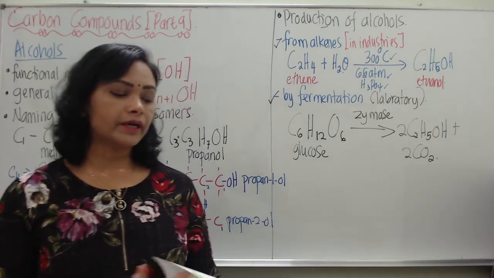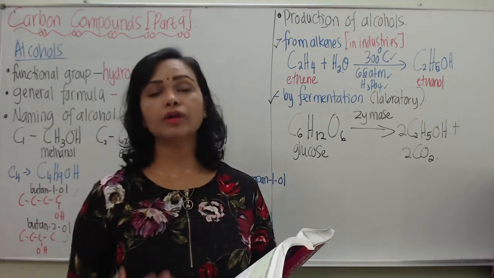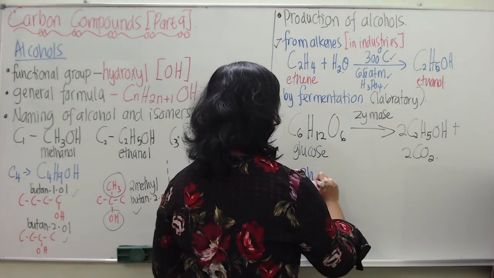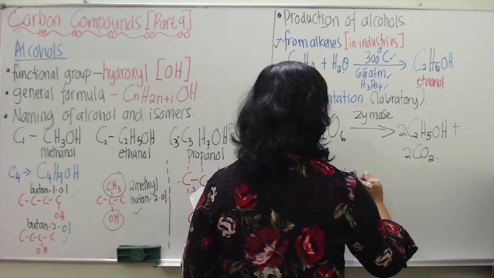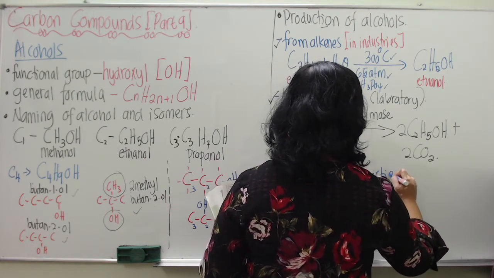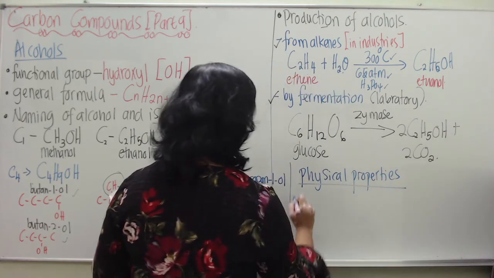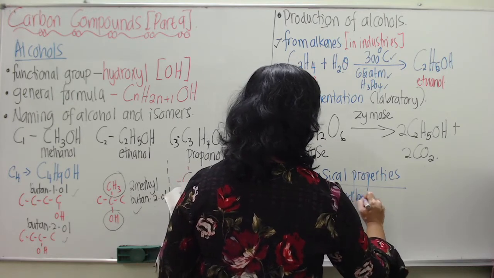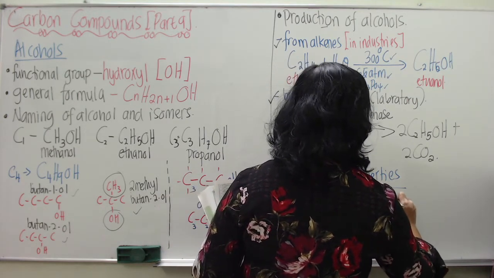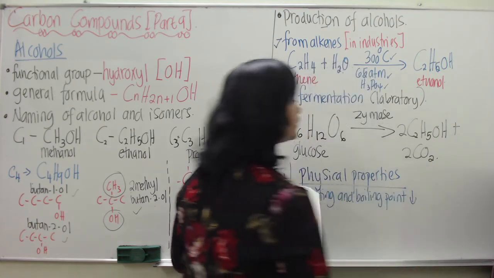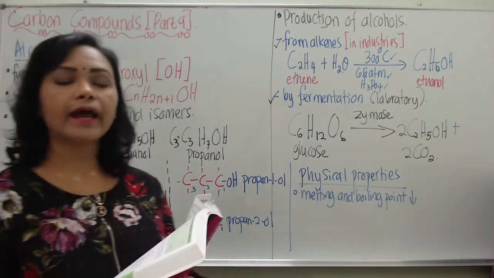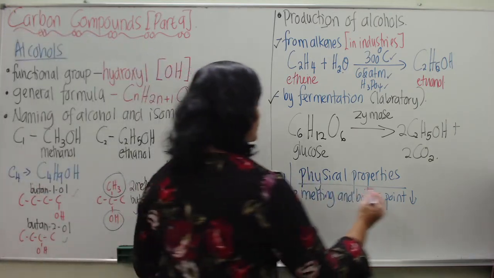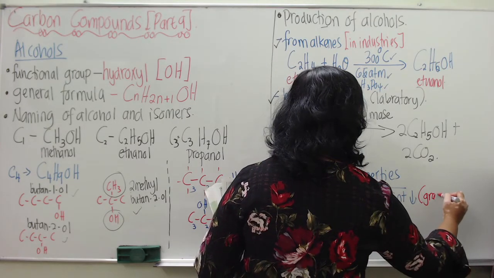When you are looking at physical properties, again alcohols are covalent compounds. Thus the melting and boiling point are relatively low, and that is the reason why alcohols are volatile and they are liquid at room temperature, but eventually it will gradually increase.